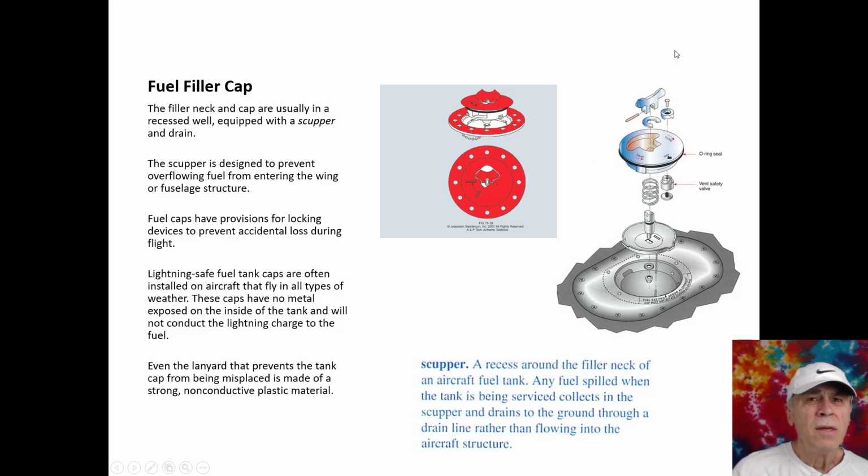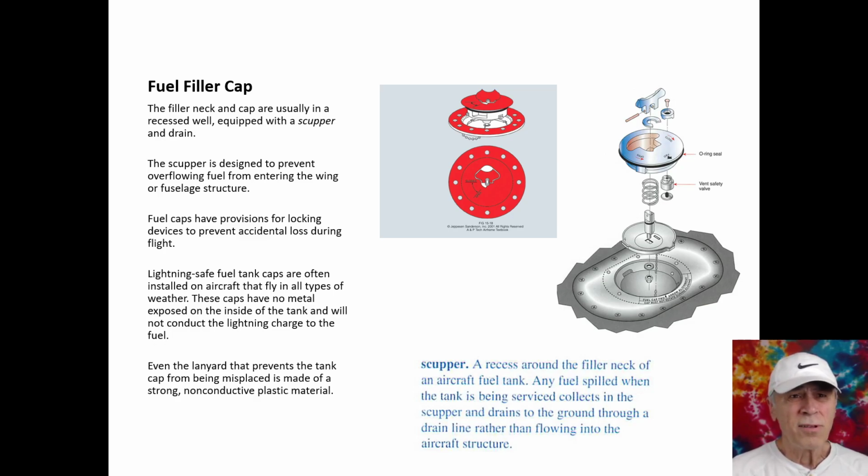The fuel filler cap, neck and cap are usually in a recessed well equipped with a scupper and drain. Scupper, you can see the definition there. It's a little bit of a recess so that fuel is collected and finds its way back into the fuel tank. Fuel caps have provisions for locking devices to prevent accidental loss during flight.